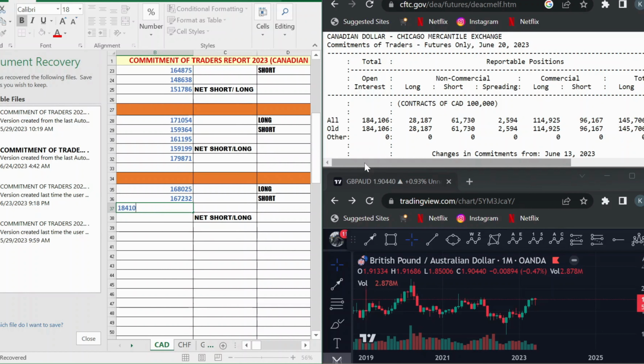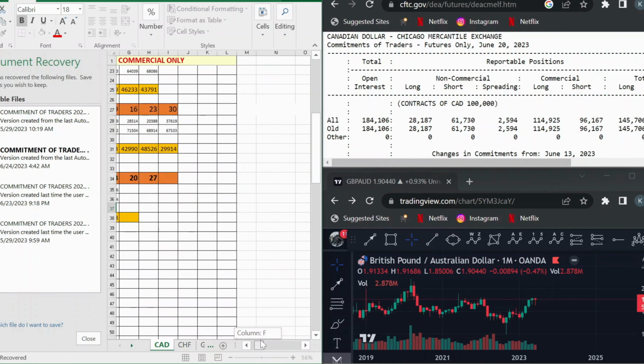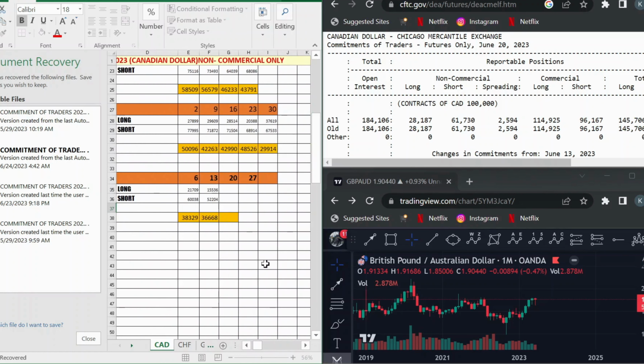The longs we have 28,187, and the shorts we have 61,730. Now the net long is more or less the same.